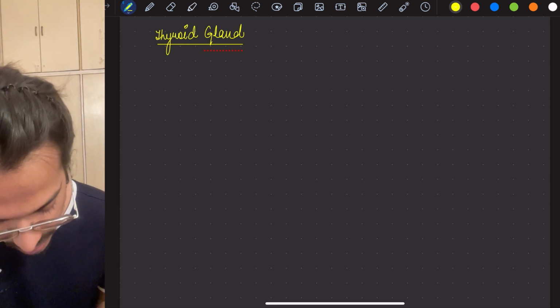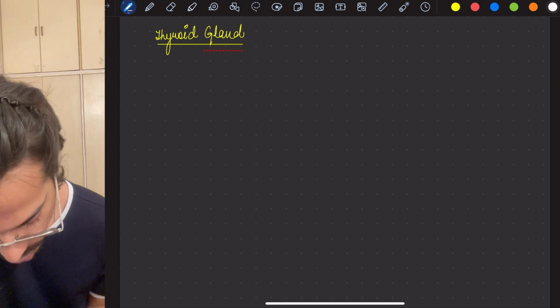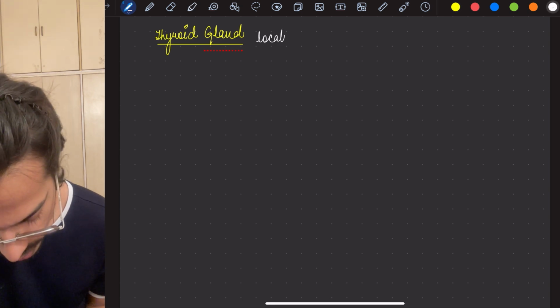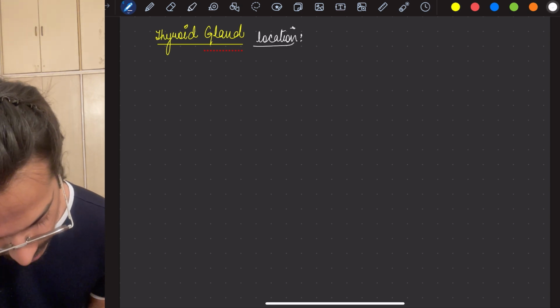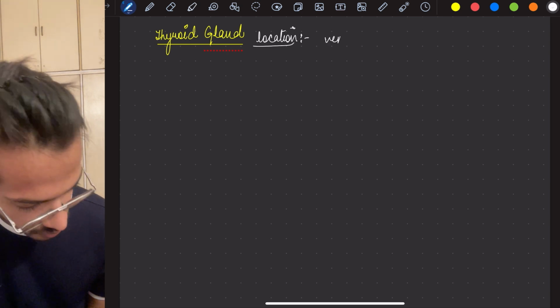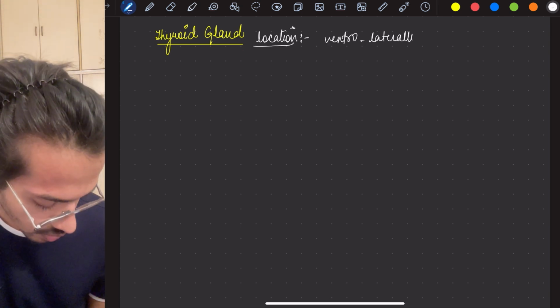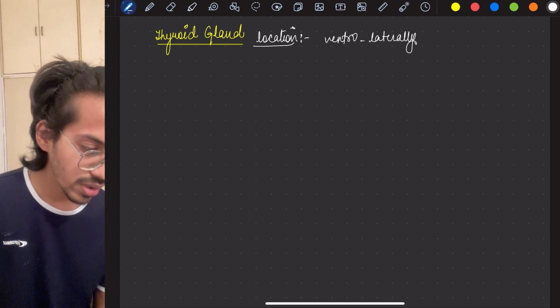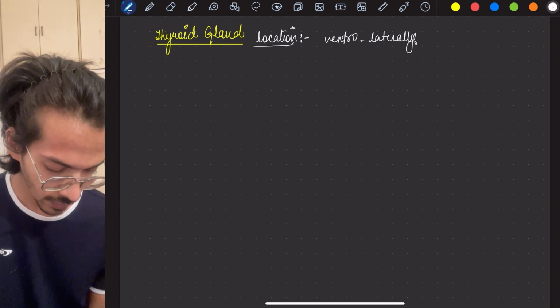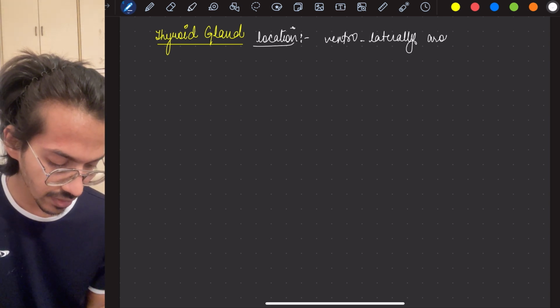For the thyroid gland, the first question would be location. It is present ventrolaterally around the trachea.